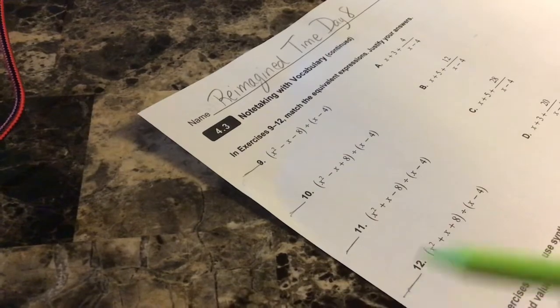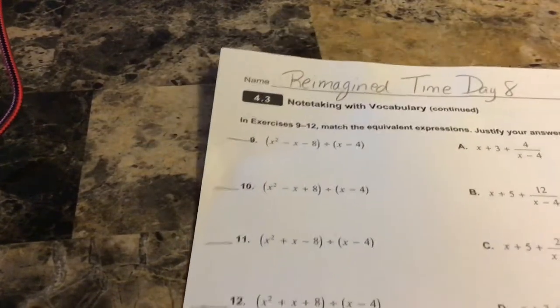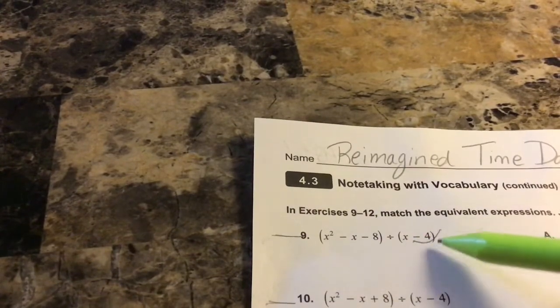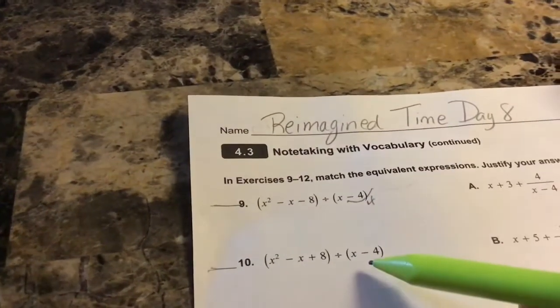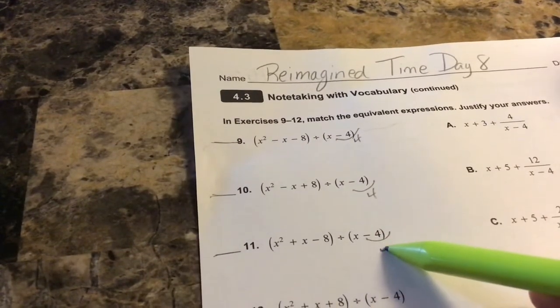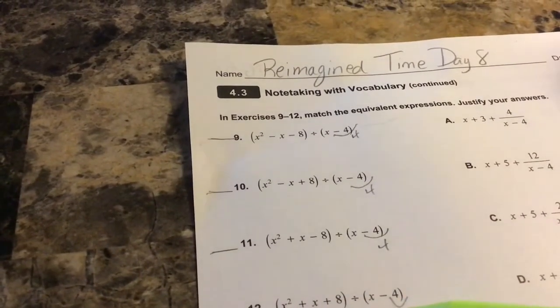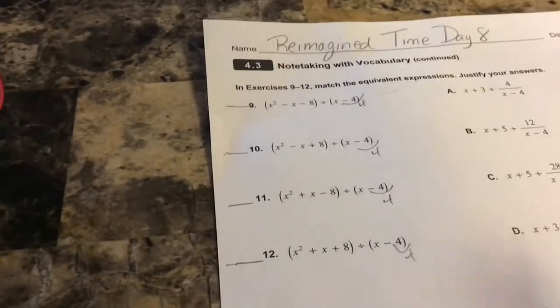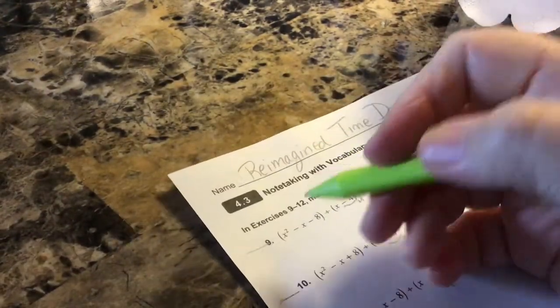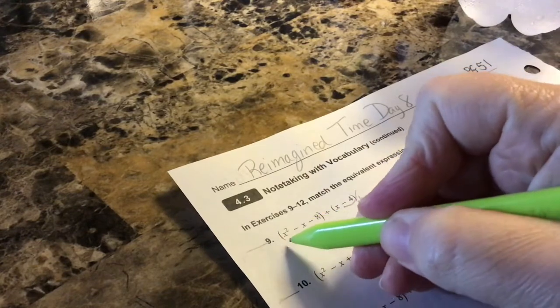Sorry, that's crooked. Okay, so the first thing I'm going to do is realize that I'm going to use 4 when I substitute. When I evaluate using the remainder theorem, I'm going to use 4 each time, just because my divisor has a minus 4. What I'm going to do is substitute 4 into here.